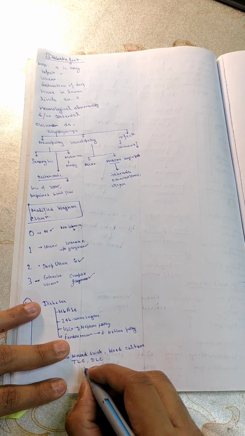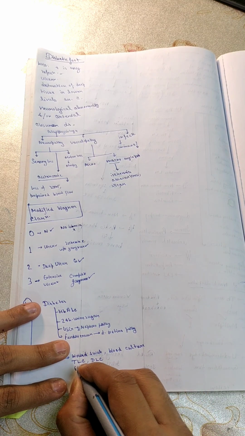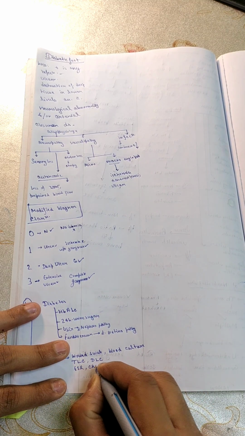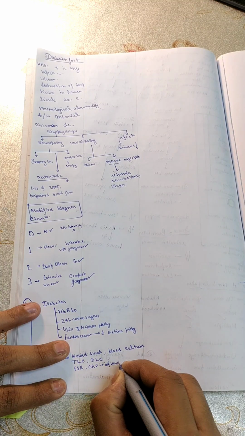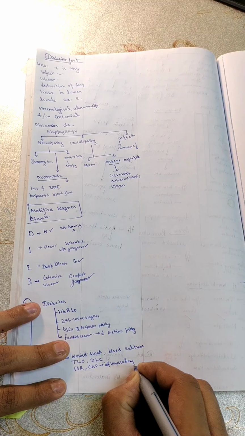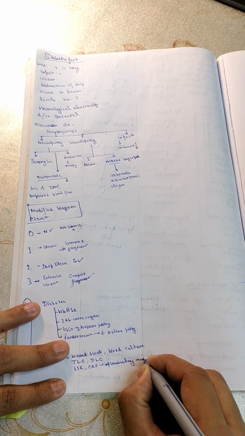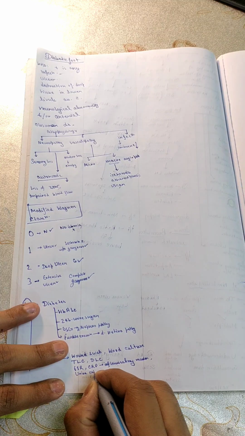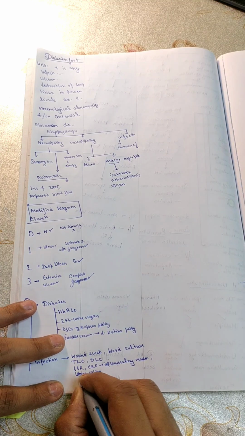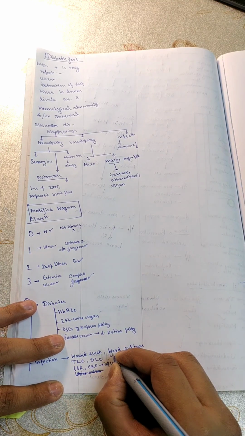I have inflammatory markers, that is ESR and CRP. I have urine culture, blood culture, urine culture, both. Write it here, urine culture.